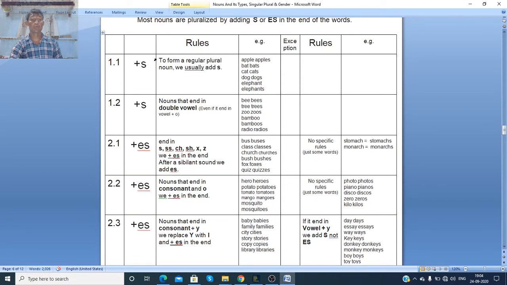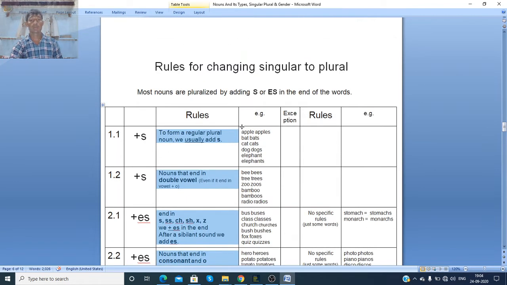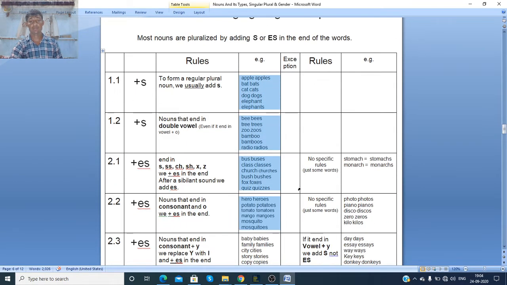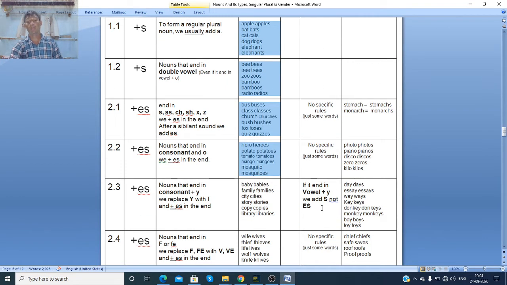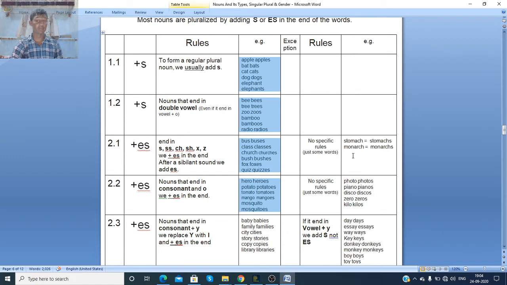And these are rules, these are examples, and here are some exception rules. There is only one exception rule, and the rest of them are just exceptional words. So first the rules for adding s or es, then examples, then rules for exceptions. So this is the table for all of the nouns in one place.